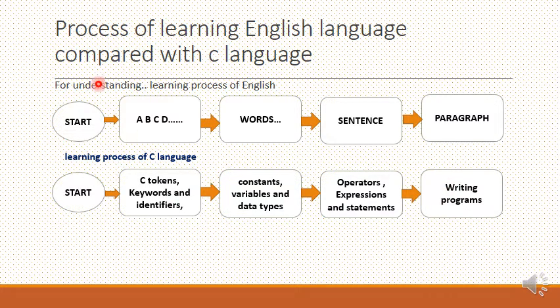Let us hope all of you clearly understand how to learn the C language. From the next class, I will begin with these things. Let us learn one by one, and finally we will come to writing programs.